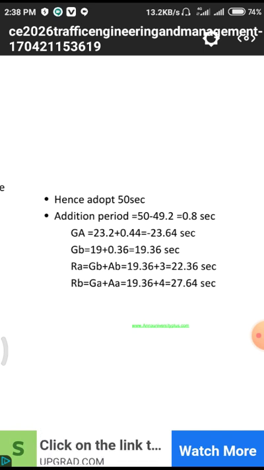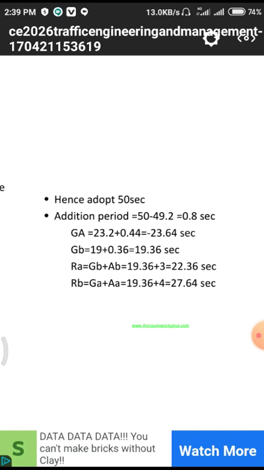This 0.44 plus 0.36 equals 0.8 seconds of additional time. In this additional time we are allocating 0.44 seconds for road A. Why? Because road A has more length, and road B has less length compared to A, so those lengths are also divided in terms of seconds.